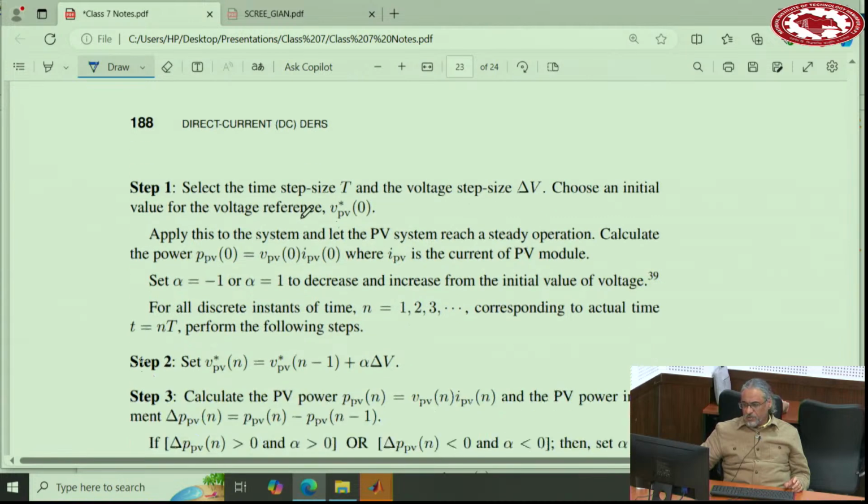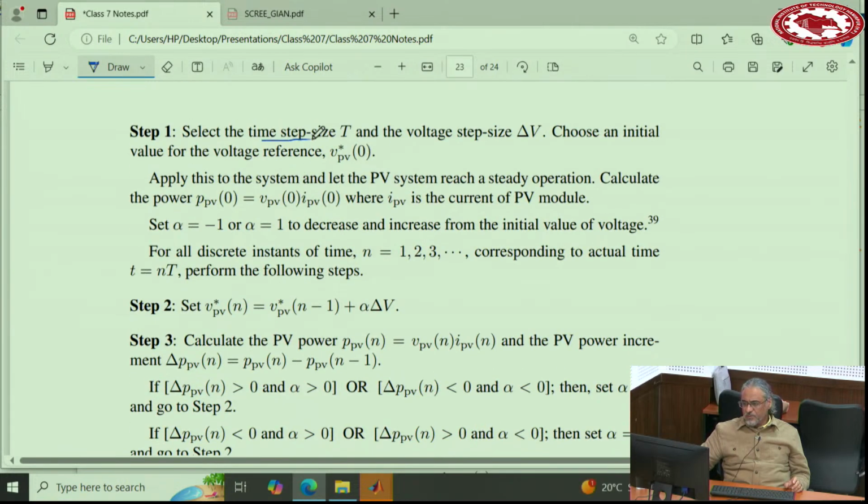So you have a time step size and a voltage step size, and then an initial value. You start from some initial value; typically it could be the open circuit voltage. So you calculate the power, and then you have alpha equal to -1 or 1: -1 for decreasing, 1 for increasing.